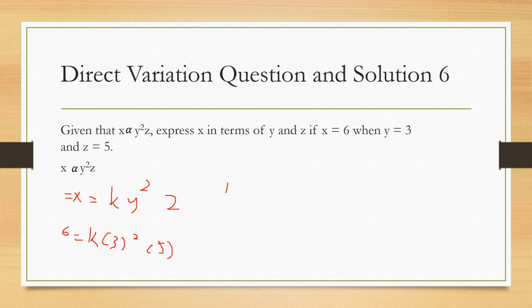So you need to move all this until only k is left. So k equal to 6 over 3 squared times 5. Sorry for the bad handwriting. So the answer would be 2 over 15.